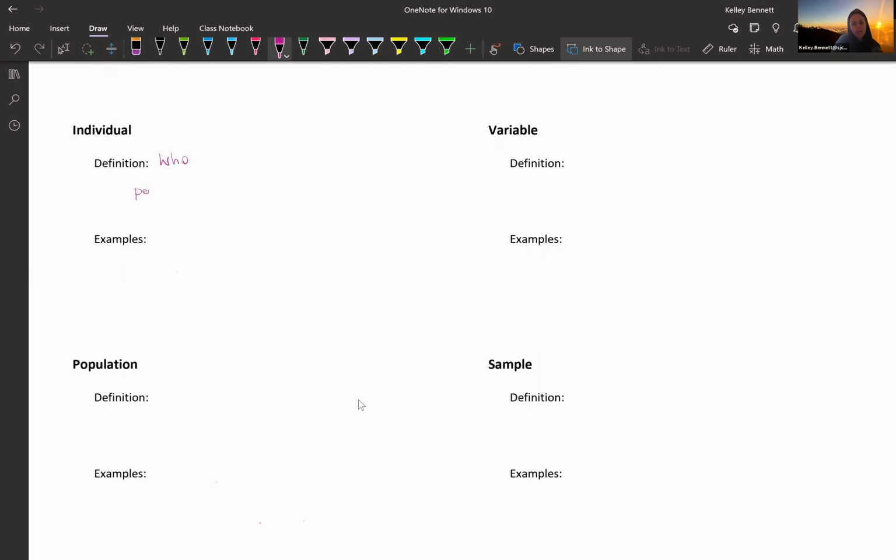It's the person or object of interest. In the case where I was talking about the average grade for my 1342 class, my who was a student, a single student.